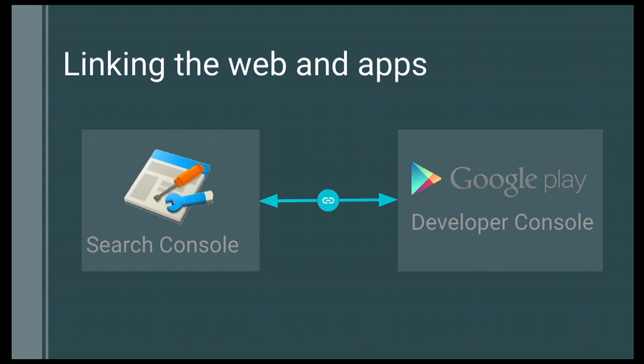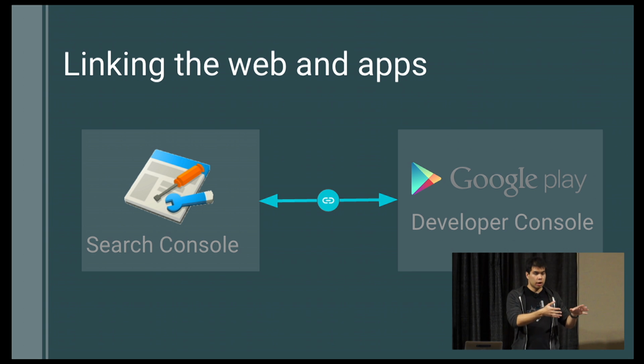You assert ownership over your HTTPS website, and then once you've got that, you go into the Play developer console and basically say that your app is associated to that website. And then with that link made, we can have the credentials stored in either location be available when the API is called in Chrome on the beta channel or on Android in the current version of Play services. So that's a pretty cool experience.